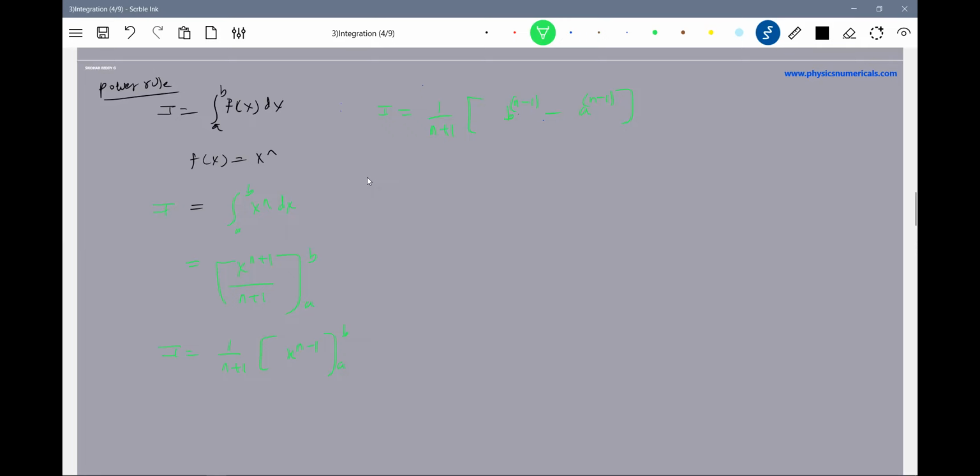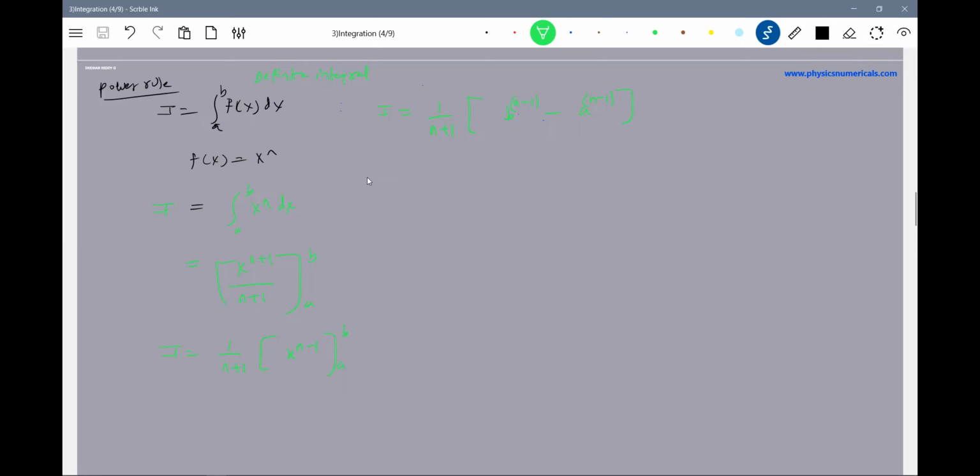Okay, this is called a definite integral. So what is a definite integral? The function will be bounded by a and b values here.